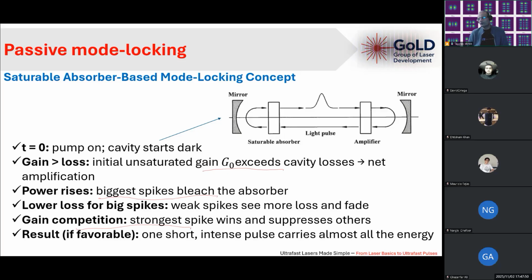They cannot win the race. So if everything works fine, what you get at the output is an intense pulse that carries almost all the energy. Shorter the time, more the energy, the peak power.